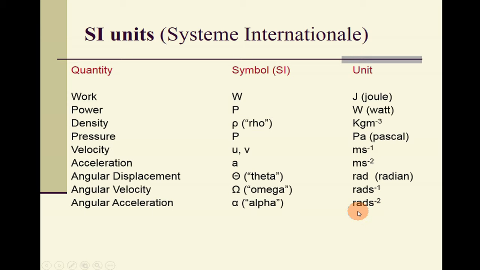Here we need to remember that simple acceleration has the unit meter per second square, while angular acceleration is represented by alpha and its unit is radian per second square.